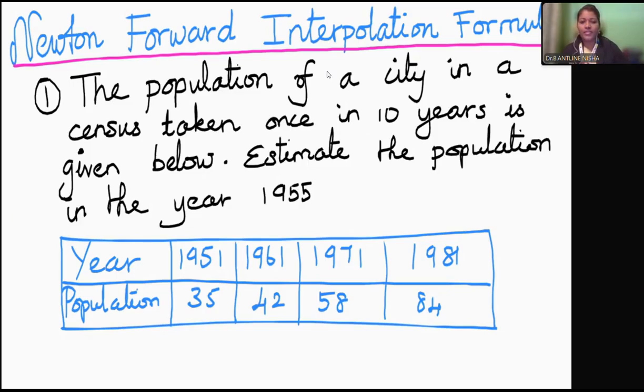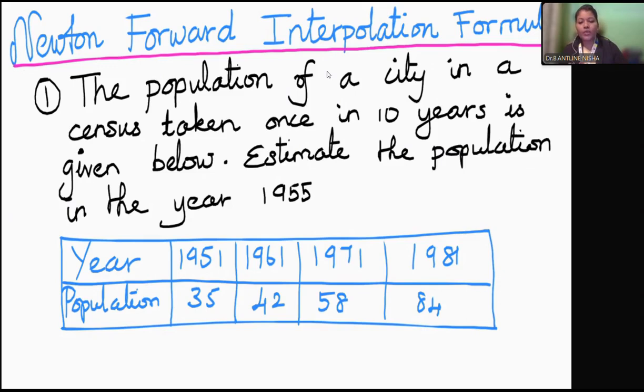The population of a city in a census taken once in 10 years is given below. Estimate the population in the year 1955. Let us see the tabular column now. Year is given in the first row and population in the second row. The years given are 1951, 1961, 1971, 1981.